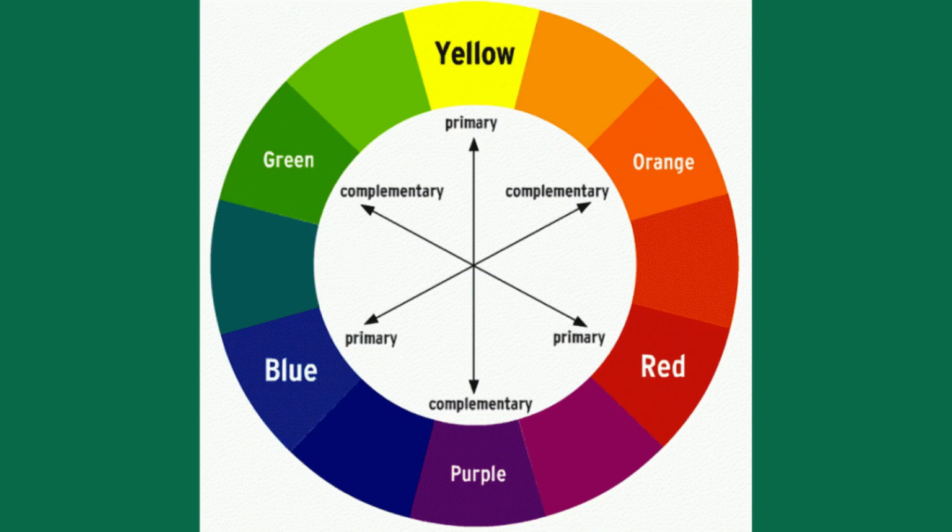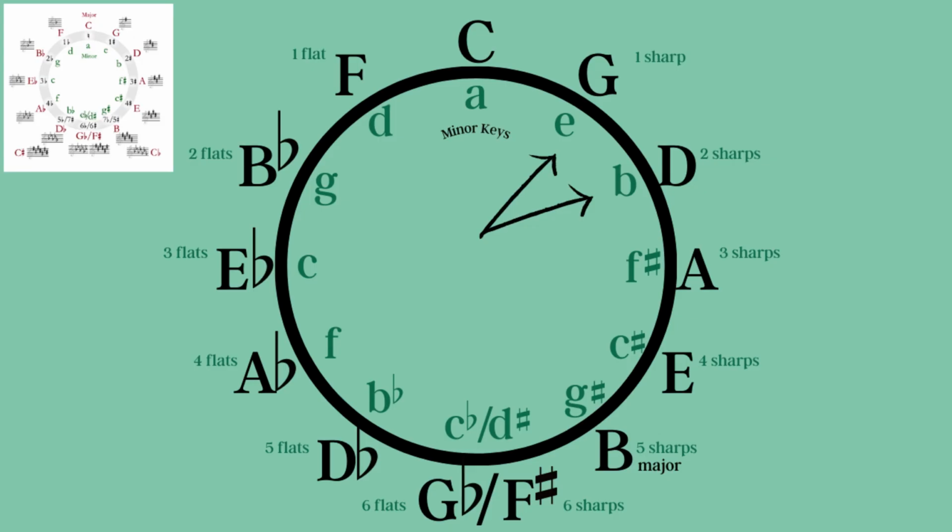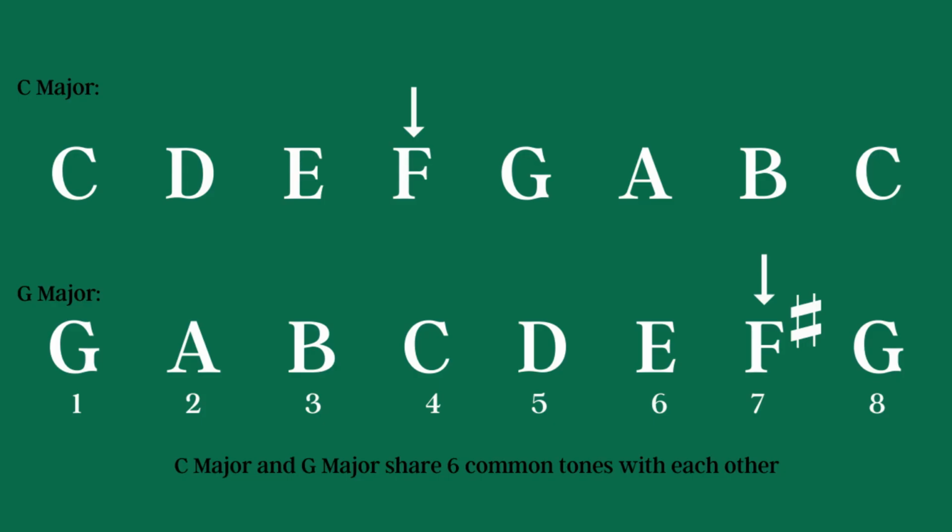Coming back to the comparison of the color wheel, the circle of fifths works similarly in the sense that the notes or keys close to each other will sound more consonant, while the notes or keys opposite each other will sound dissonant. As we discovered just a few minutes ago, this is because the farther away a key gets from the root, the less common tones they share.